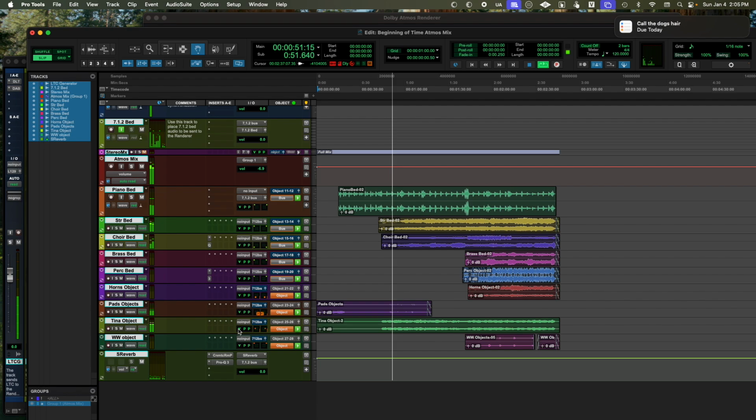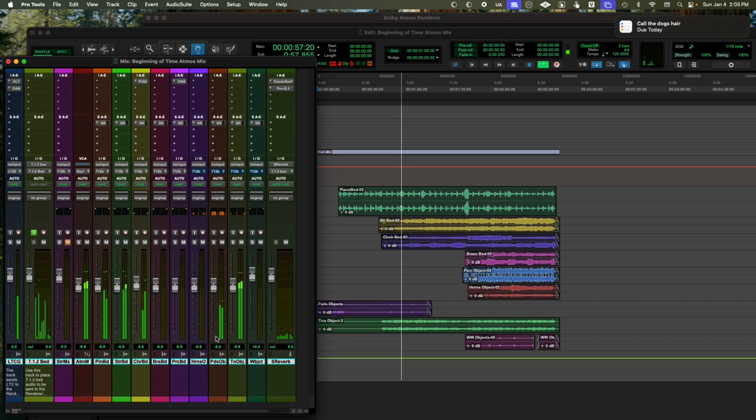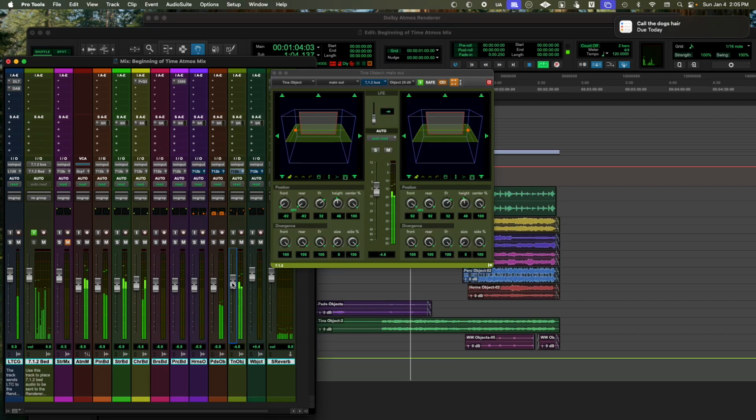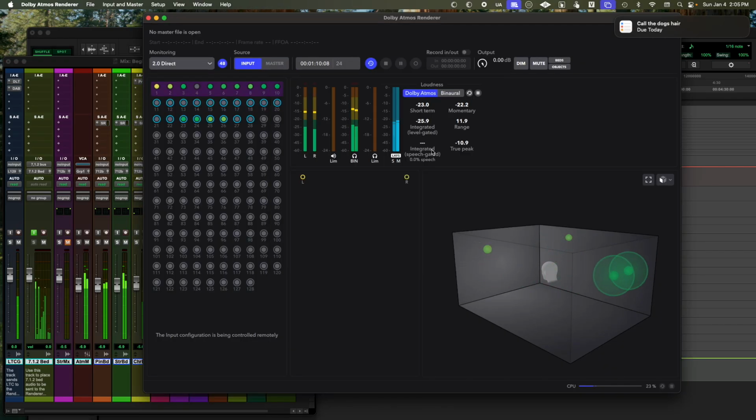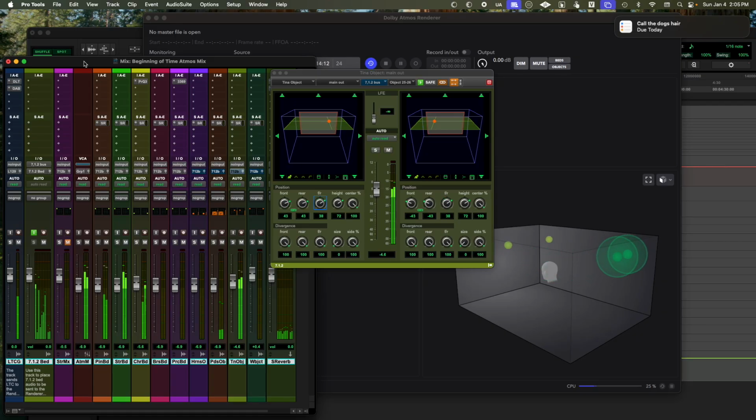So now we have the cello. So you can see I have constant movement happening.